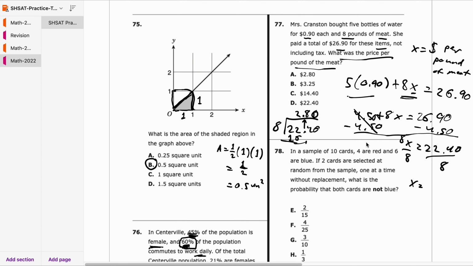So that's going to be 2.80 per pound of meat, which is going to be A.